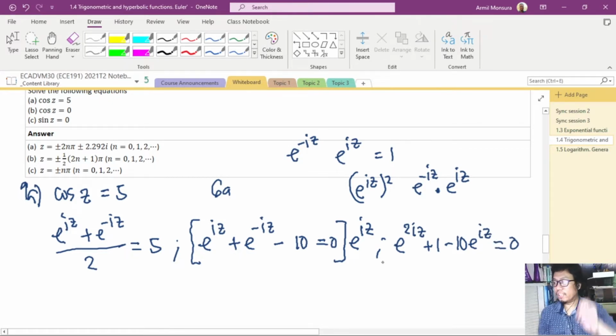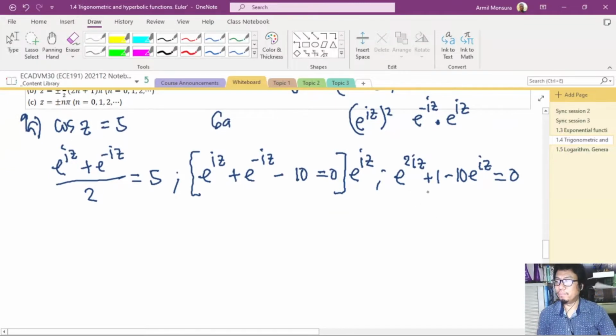Now let's rearrange this equation. Let's rewrite this as e raised to 2iz minus 10 e raised to iz plus 1 equals 0. Observe that this equation is actually quadratic in terms of e raised to iz.